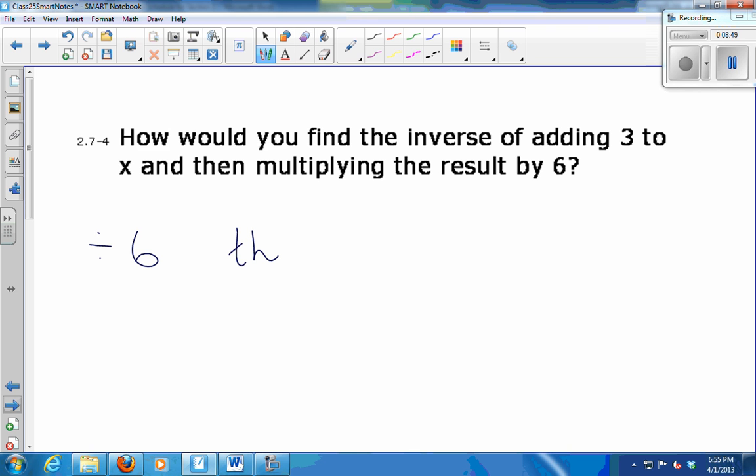Then subtract 3 from whatever you got after you divided by 6. So if we added 3, then multiplied by 6, we should divide by 6, then subtract 3. That would undo what I did.